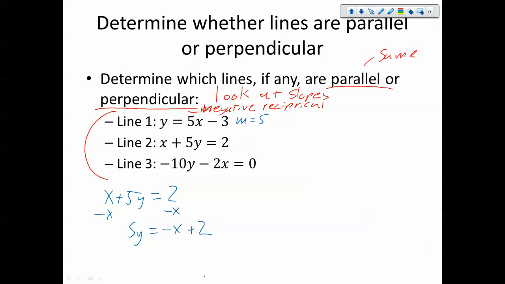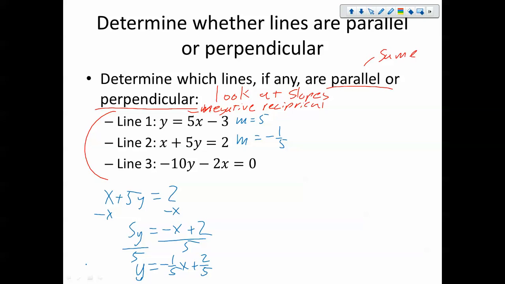And then I'm going to divide everything by 5. So I end up with y = -1/5 x + 2/5. So the slope of line 2 is -1/5.